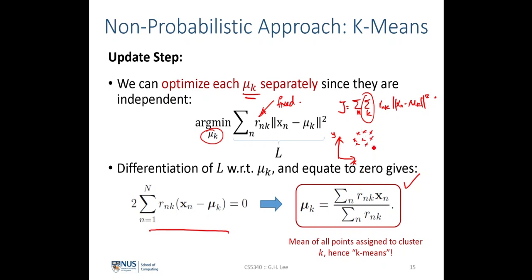In the next step, since we fix rnk, the assignment, we simply compute the centroid of these points and call it the new mu k, which is equivalent to what we have derived in the update step.